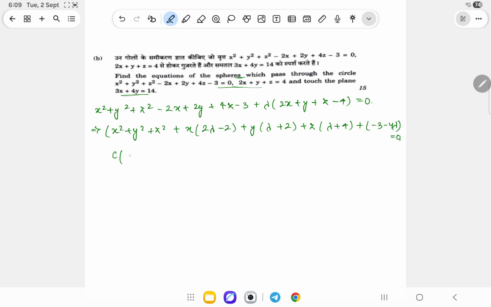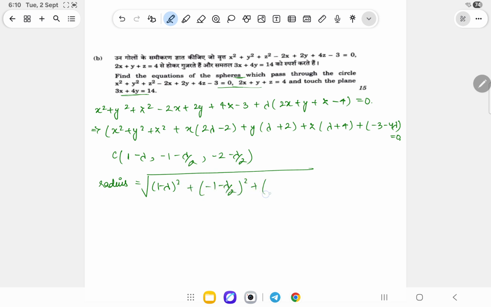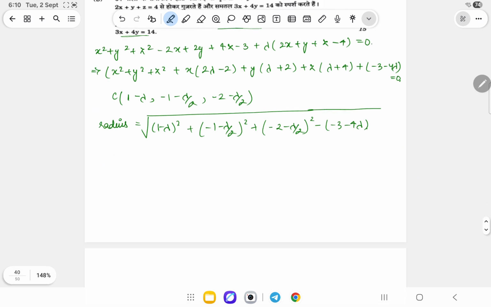So the center of any such sphere would be (1 minus lambda, minus (1 plus lambda) by 2, minus (2 plus lambda) by 2), and the radius will be basically the square root of (1 minus lambda) square plus ((1 plus lambda) by 2) square plus ((2 plus lambda) by 2) square minus the constant term, that is minus (3 minus 4 lambda). This will basically be 3 plus 4 lambda.